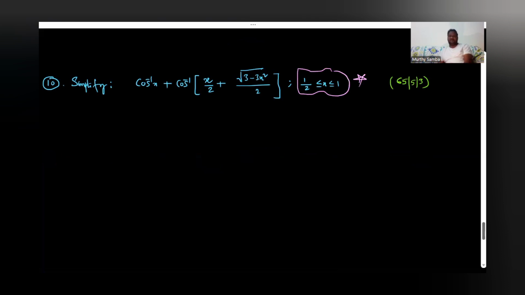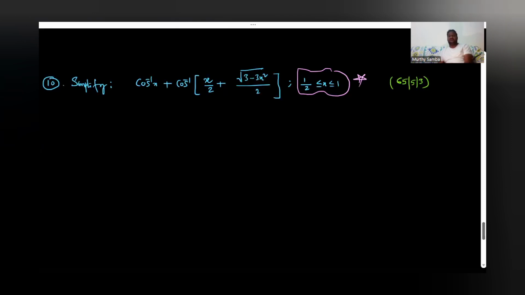Here, 3 minus 3x square means x can be substituted as sine theta also. If you substitute x is equal to sine theta, then 3 minus 3 sine square theta is 3 cos square theta, so root 3 into cos theta.